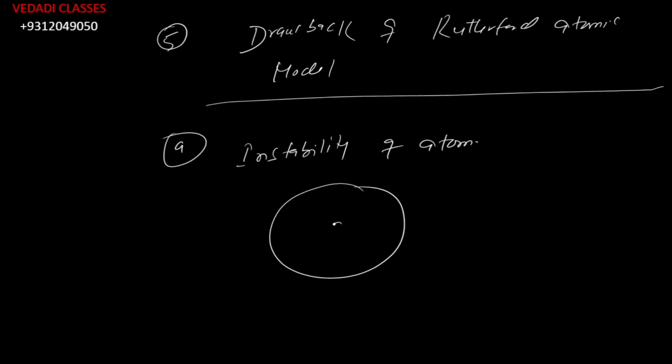This is the nucleus, and this is the extra nuclear part, basically the cell, in which the electron revolves around the nucleus.